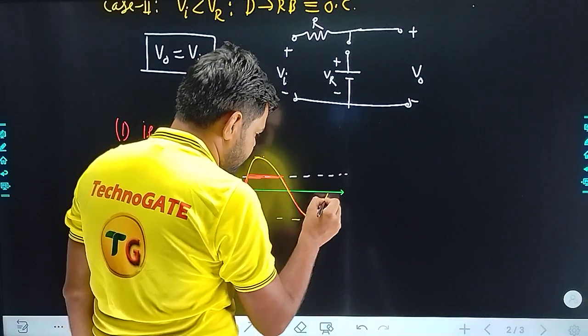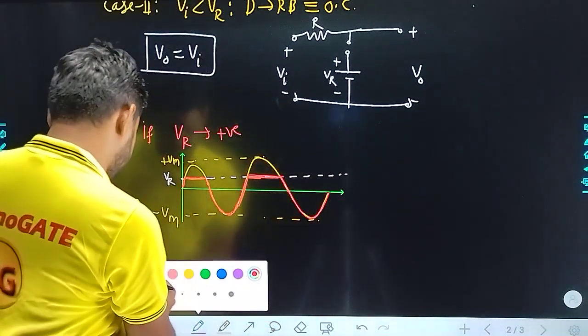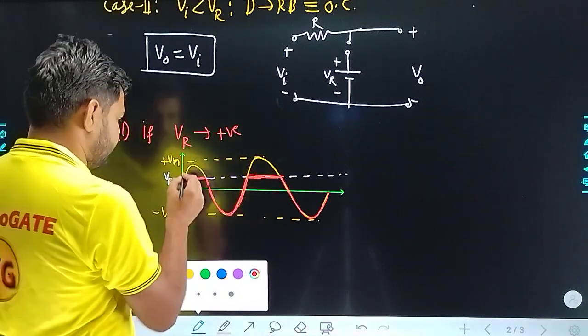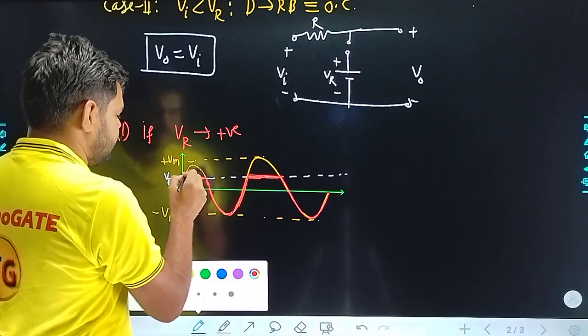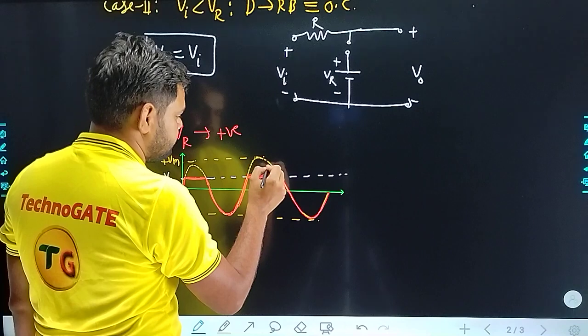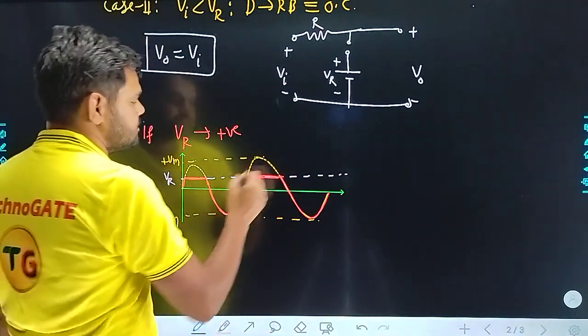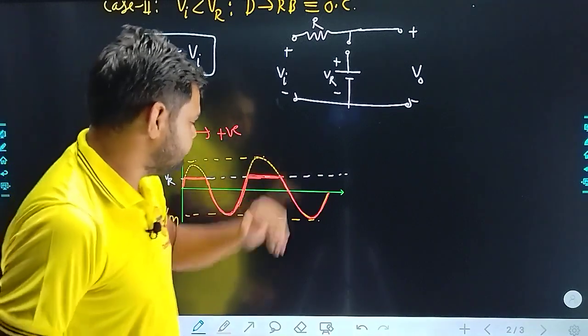So guys, this is the output waveform that will be obtained over the input waveform. I'm just showing the input waveform by the dotted line like this. This is the input waveform which is the complete one, but the output waveform came clipped.